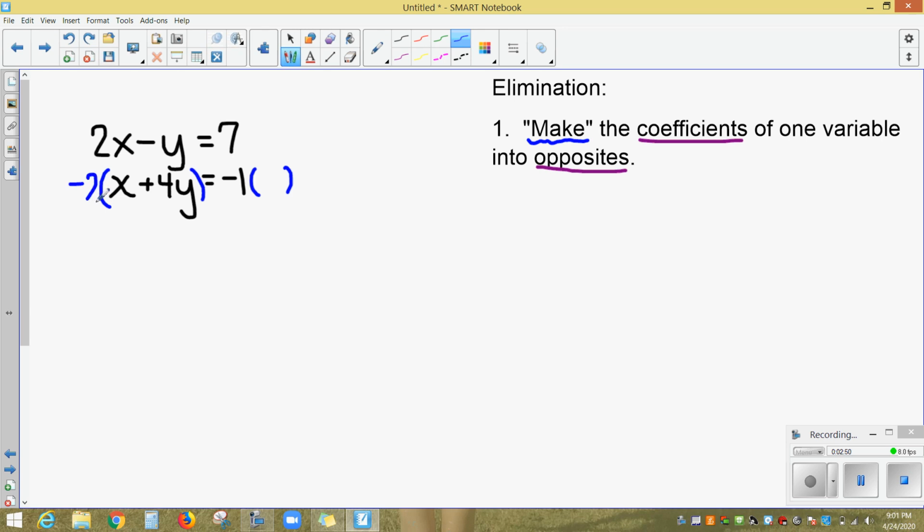And so if I multiply the 1x times negative 2, that would make a negative 2x on the bottom. The top equation didn't change. The bottom one, if I multiply every piece of both sides through by a negative 2, I have negative 2x, I have negative 8y, and a positive 2.